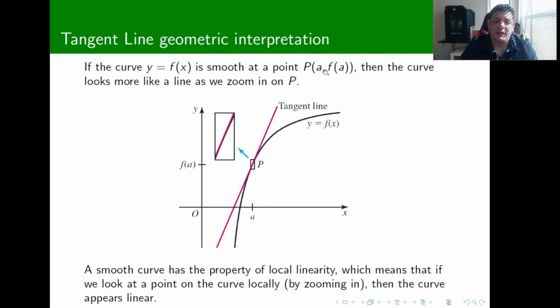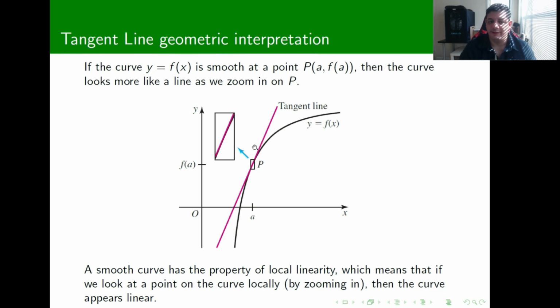Now, what's happening here, remember, is that if we zoom in a lot, when we're getting closer and closer to the function, zooming out, there's no difference between the tangent line and the function. So we can approximate the tangent line via the function, okay?